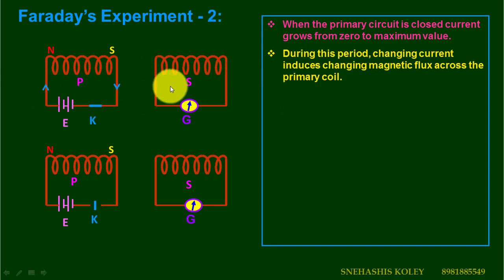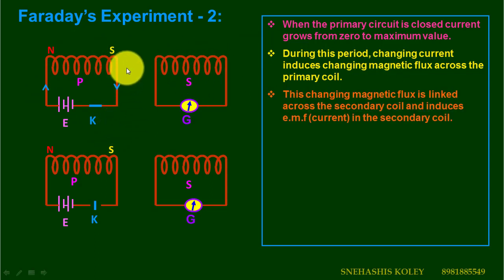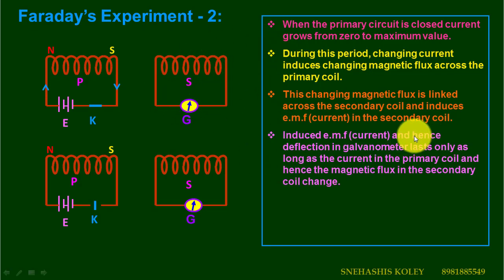Due to this change in magnetic flux of the primary coil, there will be a change in magnetic flux linked across the secondary coil, and due to this an EMF will be induced in the secondary coil. The deflection of the galvanometer lasts only as long as the current in the primary coil changes, or in other words, the magnetic flux in the secondary coil changes.